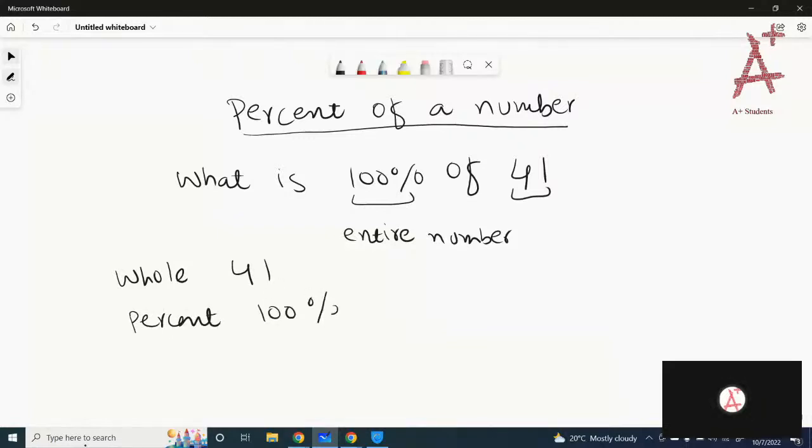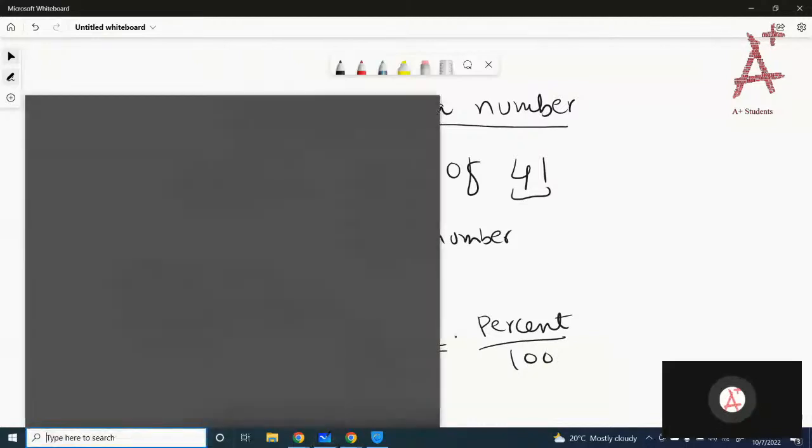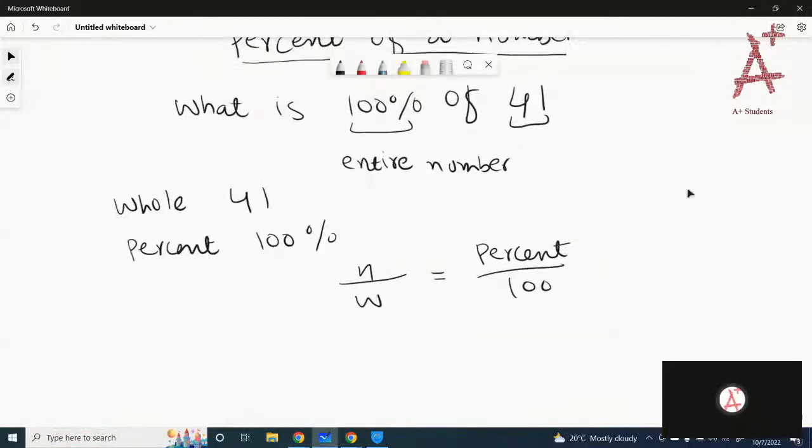and the percent is 100%. So we have to make a ratio. The ratio is n divided by the whole, and that equals percent divided by 100. n is the one you have to find. So n divided by 41 equals 100 by 100.